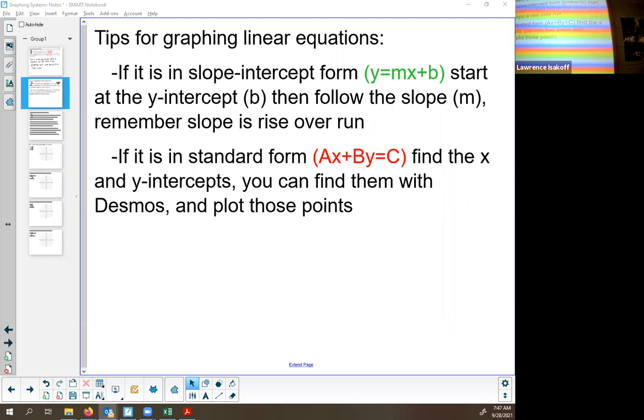The key is when we're graphing these, it's important to only graph one equation at a time. Make sure your first line is fully graphed before you even worry about the second line, because you should be able to graph one line. Again, that's an older skill.